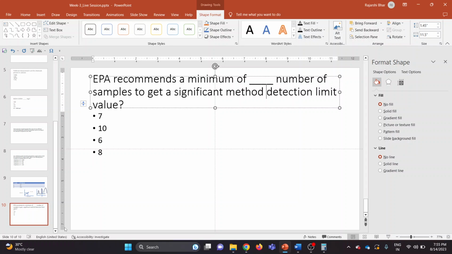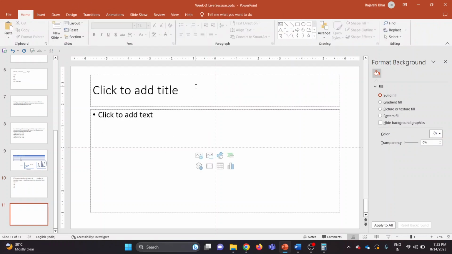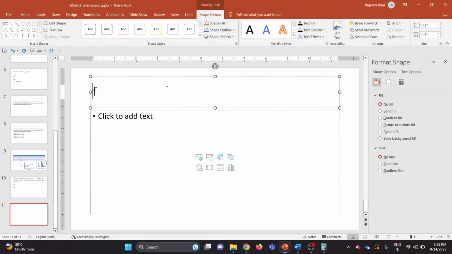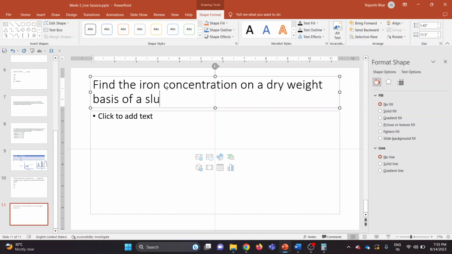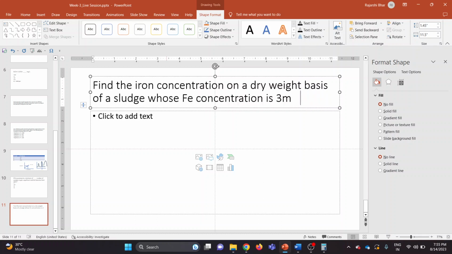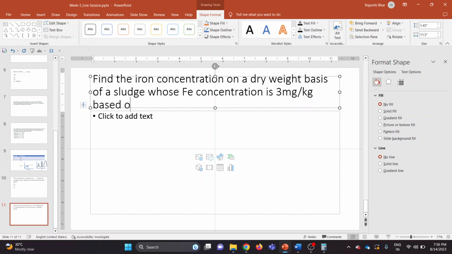Fine. So the next question is a numerical based one. M says moisture content.